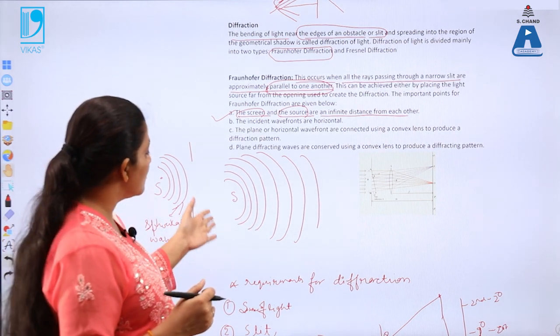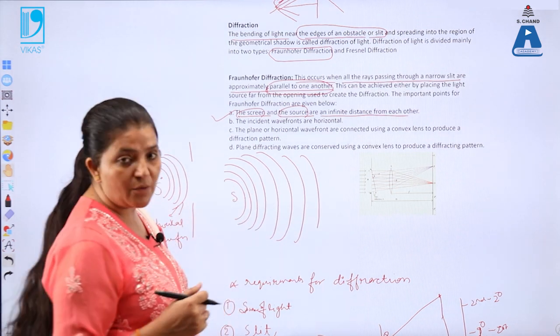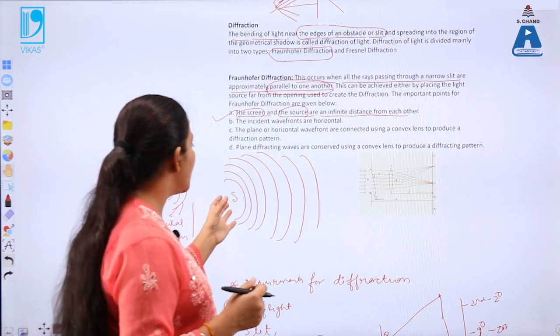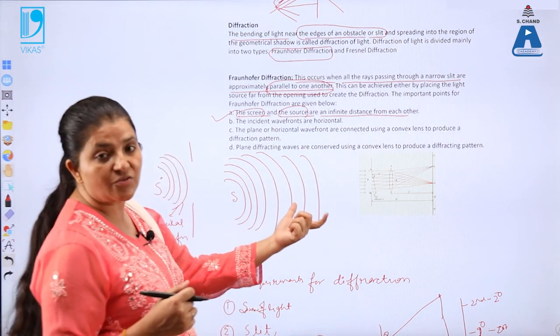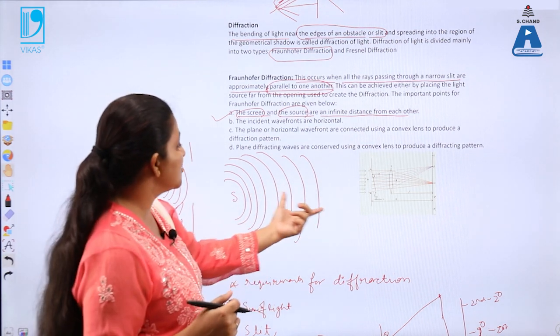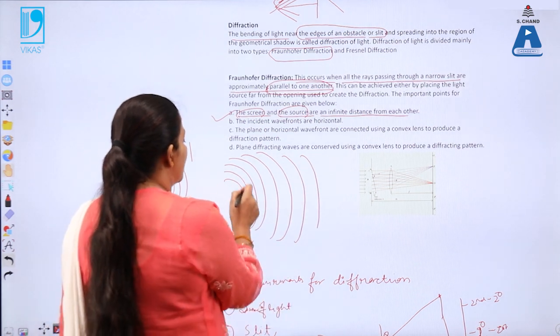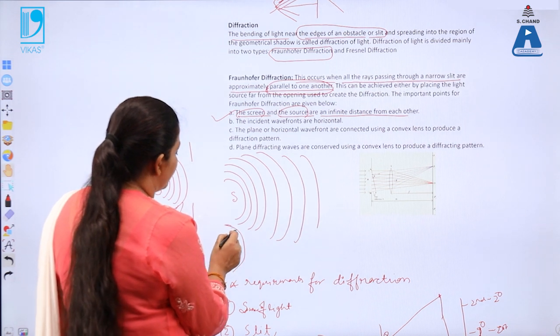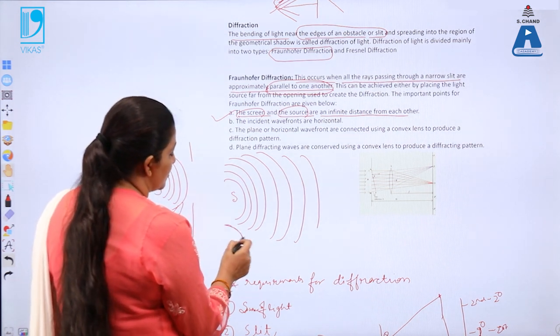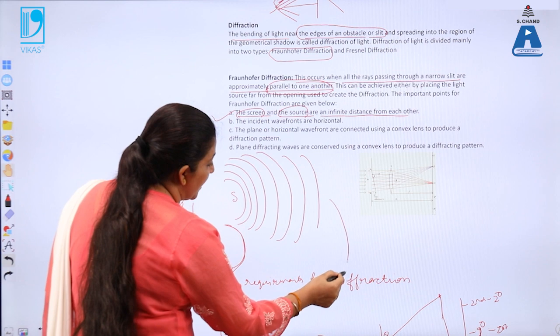But in order to convert these spherical wavefronts into parallel wavefronts, we take the source quite far away from the screen. When the distance between them is very large, the curve of these spherical wavefronts will appear as a plane wavefront.